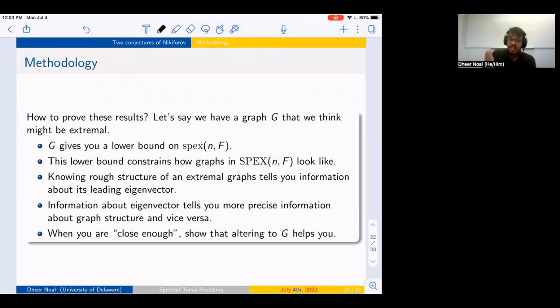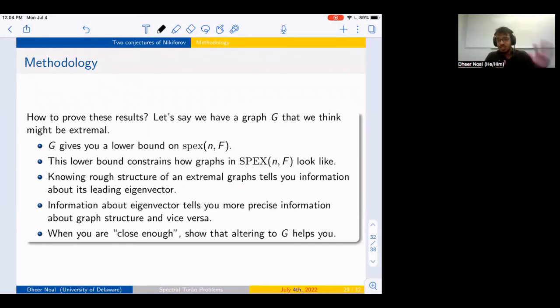So the spectral radius of this guess graph, which we think is spectral extremal, let's call it G, is going to give us a lower bound for the spex. Now, once you have that your spectral radius is going to be at least this big, that would constrain what your graphs can look like. If your spectral radius is maybe too big, then maybe you have a lot of edges, depending on what the forbidden graph was.